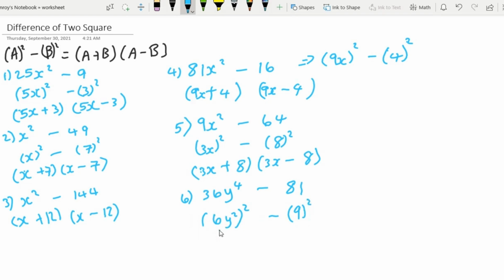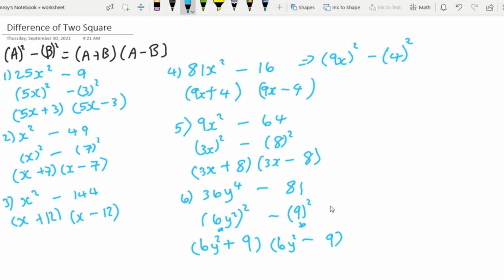Then this would be our a term, this would be our b term, right? The rule says difference of two squares, plus and minus. The a term is 6y squared, b term is 9, 6y squared, and b term is 9. And that is our examples.